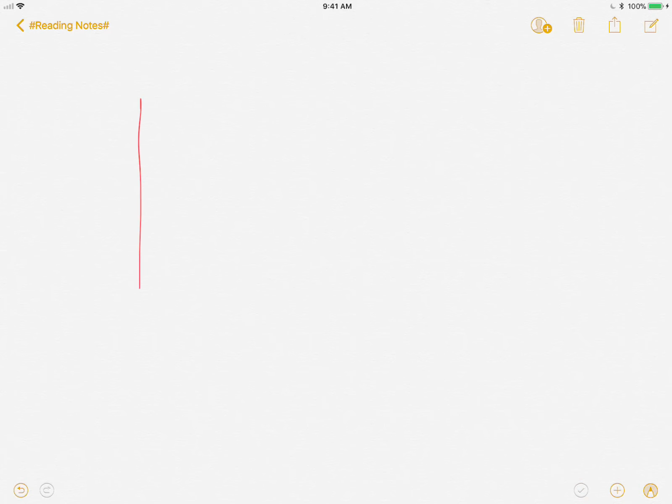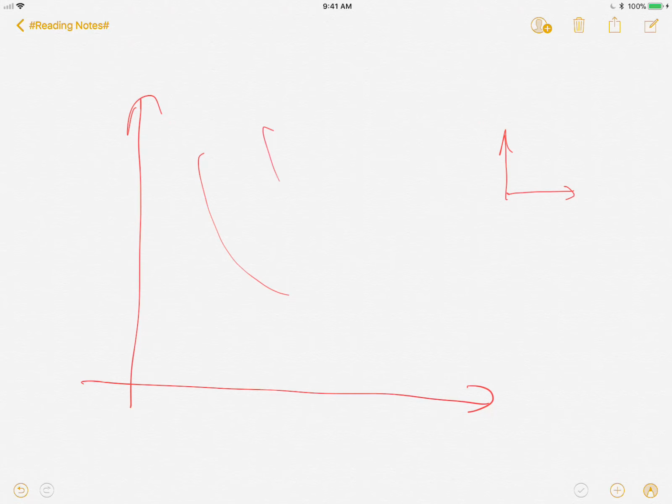Let me try to draw a graph on this. For example, if you have a preference direction of this side and this side, which means you prefer more Y and you prefer more X, then U1 is going to be greater than U0.